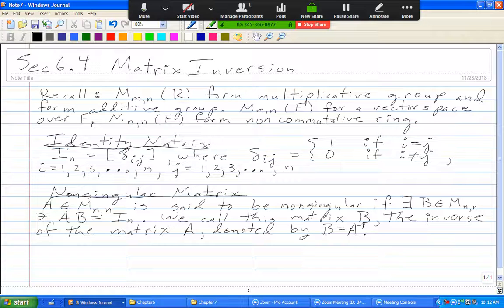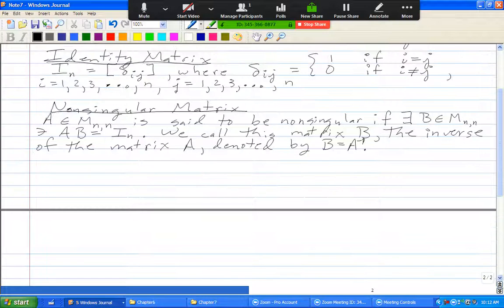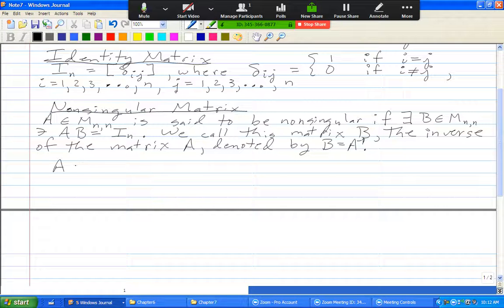Okay, so in general, the strategy for determining the inverse matrix. So let's see the strategy. Well, first off, note the following.